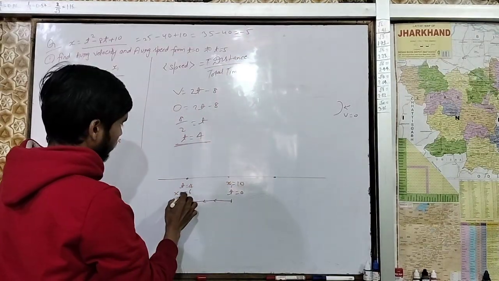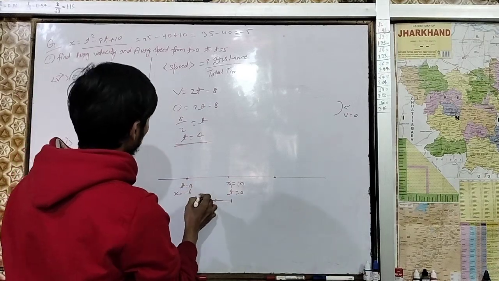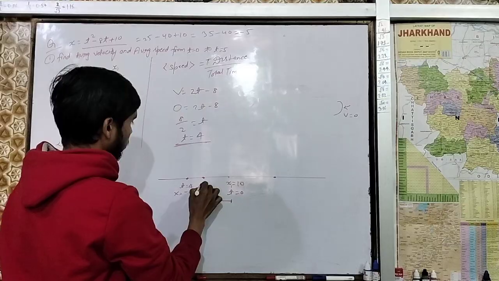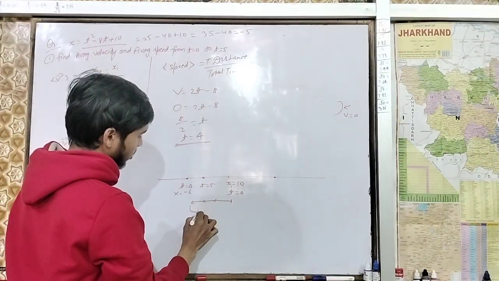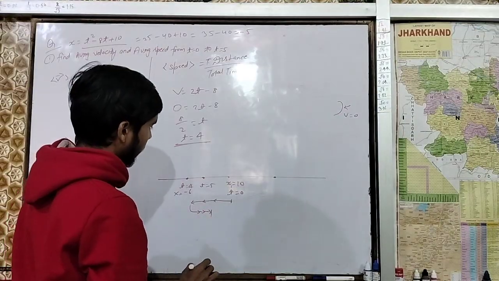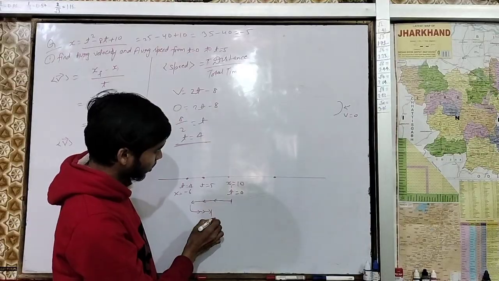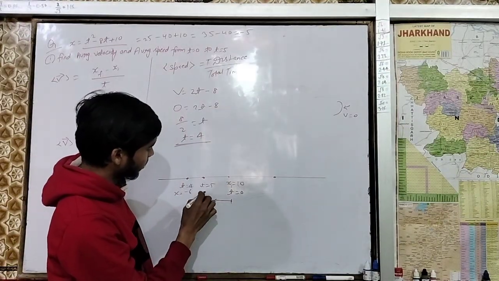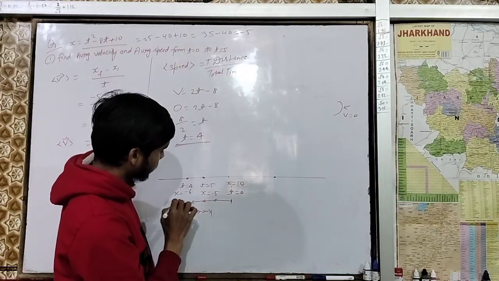So at minus 5 it took a turn over here, t is equal to 5. He started moving from here and stopped running till here, where t is 5 and x is coming as minus 5.